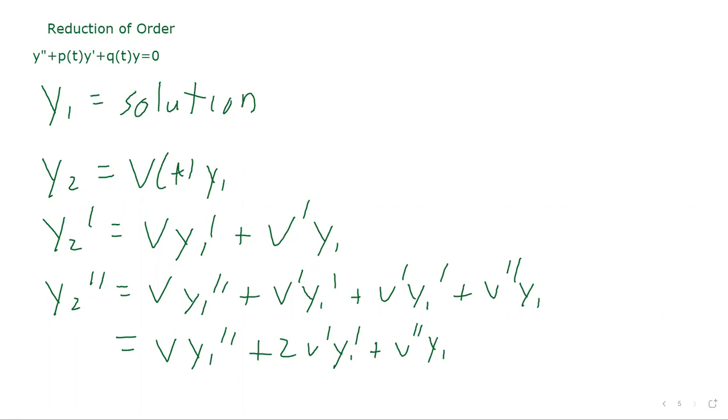Now let's plug that into our original equation up here. And again, I'm going to drop the of t's just to make it a little bit cleaner. So our y2 prime is this.